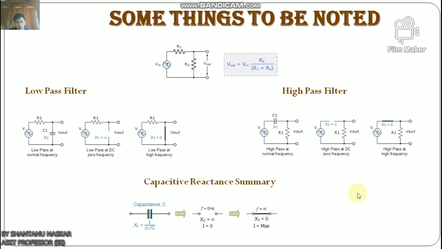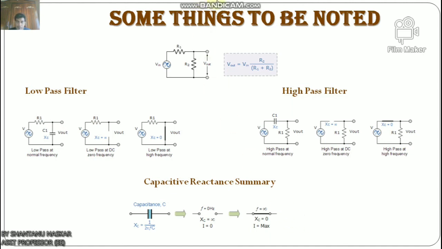Always remember that. So it is important to remember these two conditions, and in our next topic about the passive low pass filter, we will look at the use of capacitive reactance to block any unwanted high frequency signal while allowing only low frequency signal to pass.